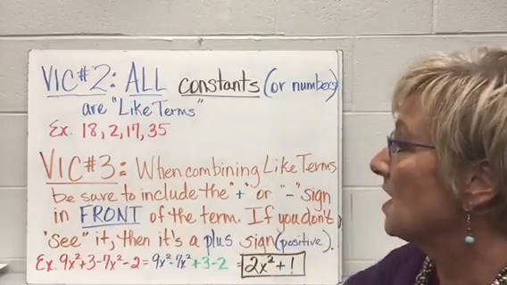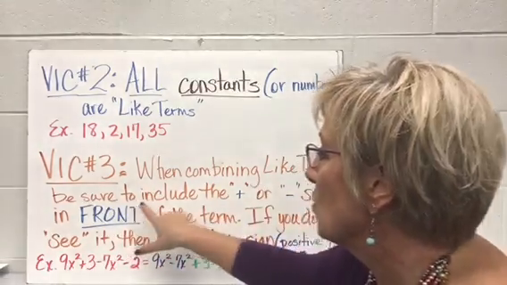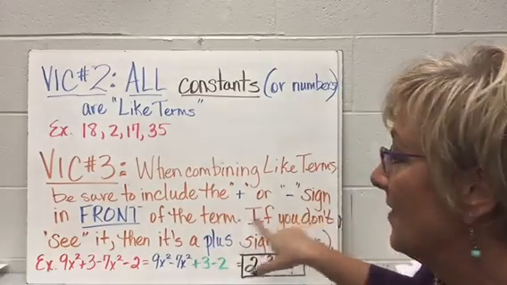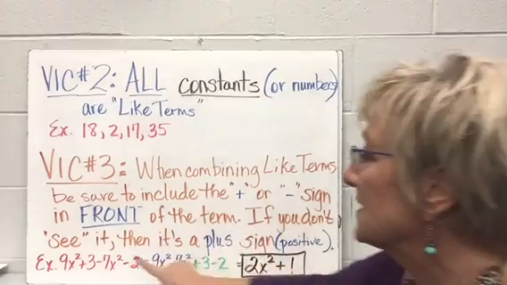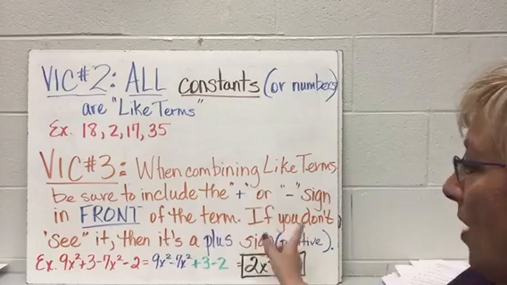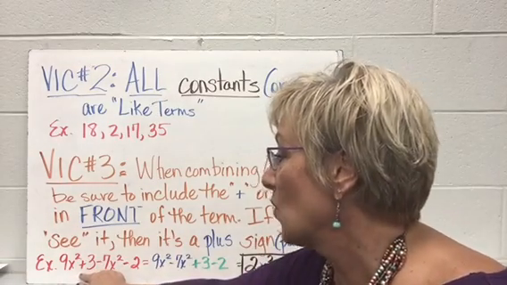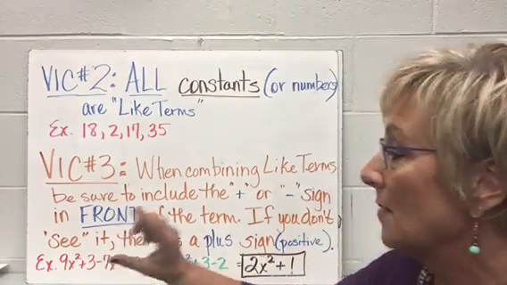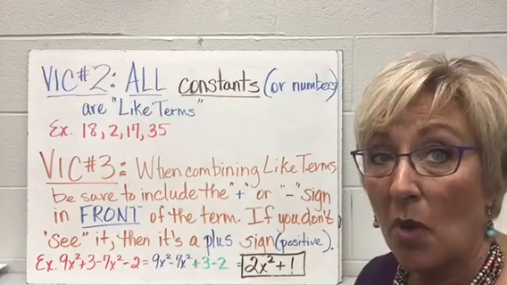Very important concept number three. When you're combining like terms, be sure to include the plus or the minus sign that is in front of the term. If you don't see it, then it's going to be a plus sign or positive. For example, if I have 9x squared plus 3 minus 7x squared minus 2, I'm going to group my like terms together by using the commutative property.